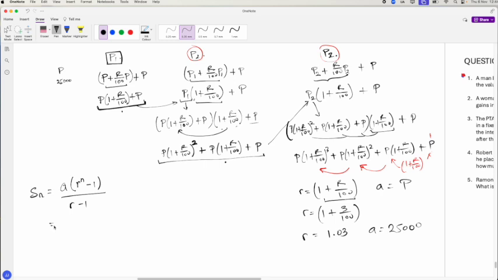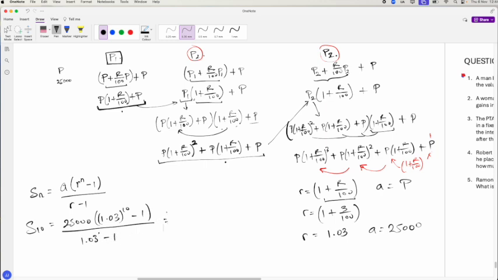So now we will have 25,000 into R, which is 1.03 to the power of n, which is 10, minus 1, all over 1.03 minus 1.